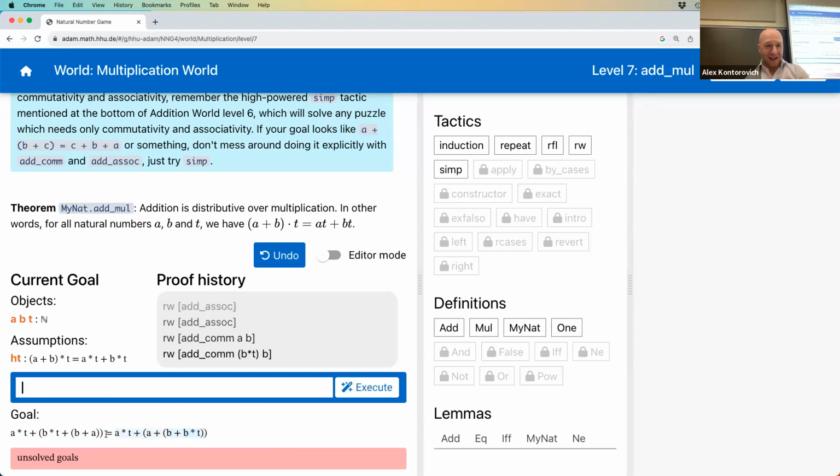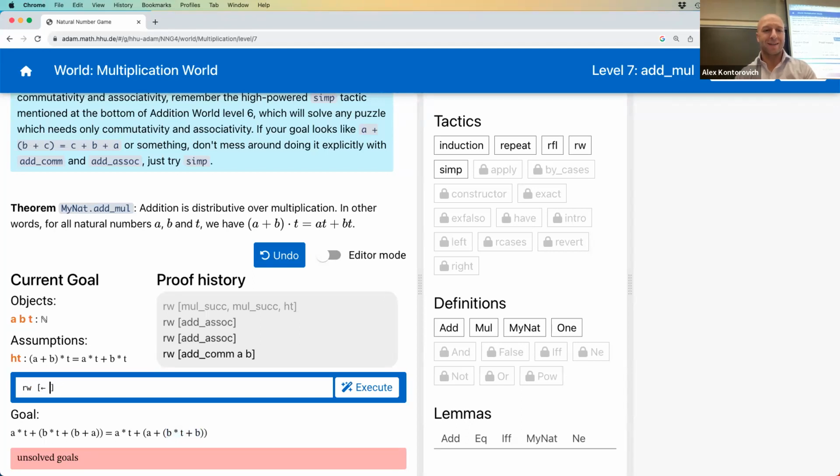Let's see. And now I can do, let's get the B plus T on the end. Wait, go back, left add_assoc on the B T, B plus A. So then you're going to have B T plus B, A, and then you flip, and then you're done. Okay, so tell me what you want to do.